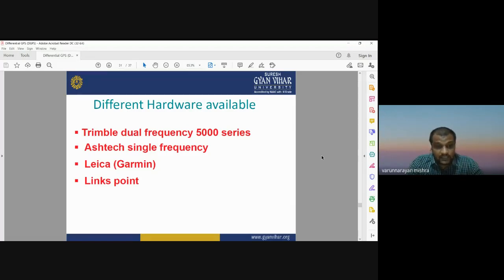Leica and Garmin are some well-known GPS receivers available in the market. You can have any of the GPS receivers as per your requirement. The cost will increase; there will be a high cost for the GPS receiver when you go for the most precise information. With increasing accuracy, the price will also rise.